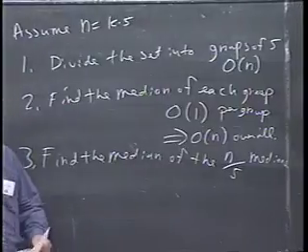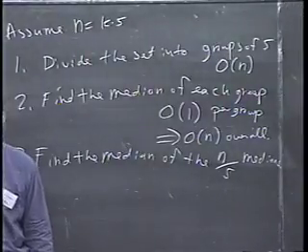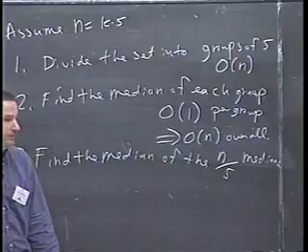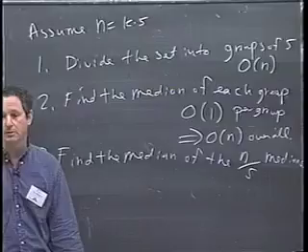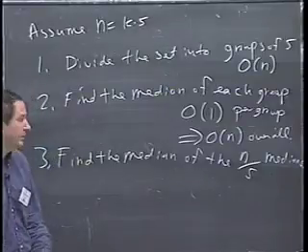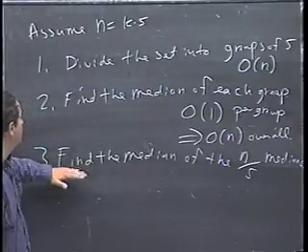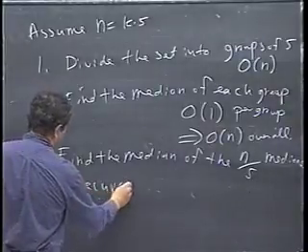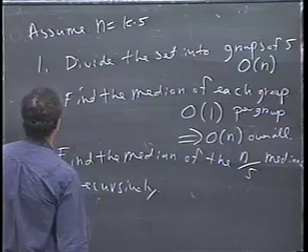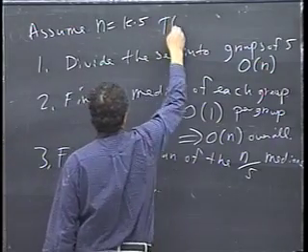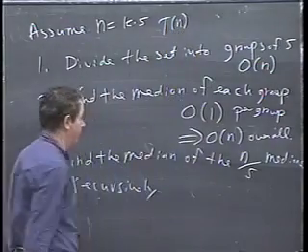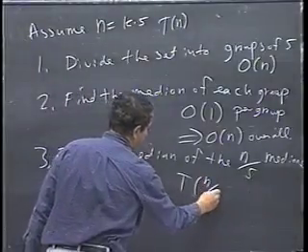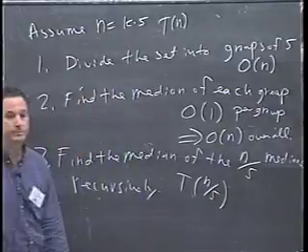So I've got one median from each one of these groups of 5, and that gives me a set of n over 5 elements, and I can find the median of those, which I do recursively, because n over 5 is not a constant number. And if T of n denotes the total number of operations, this is going to take T of n over 5 operations.